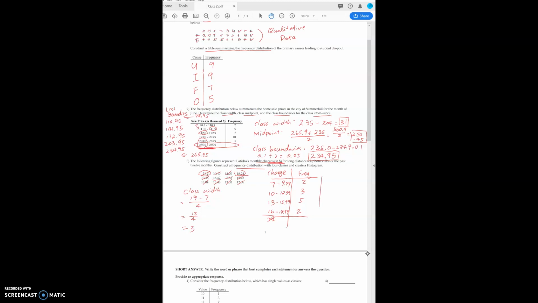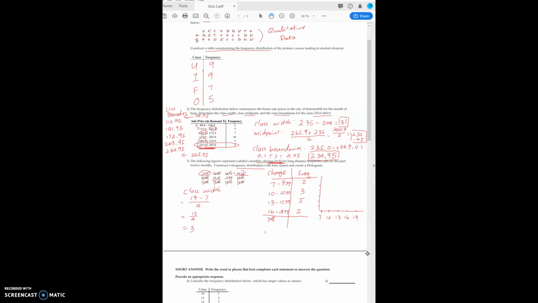hopefully I have enough space to squeeze in. I'm going to start from 7. My next one is going to be 10, 13, 16, and I do need to have a 19 to end it. I'm going to have an increment of 1, 2, 3, 4, 5.